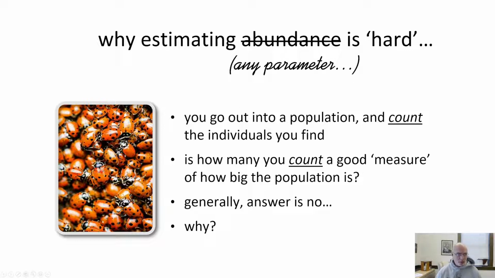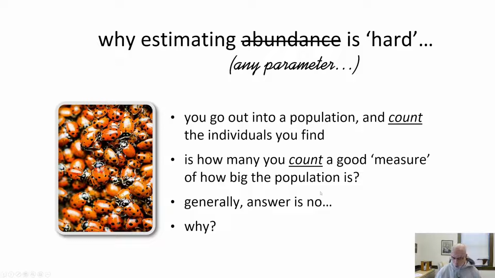All right, so let's say we're trying to enumerate the number of ladybugs. Okay, so you go out and you grab a sample of ladybugs and you count them. So then the question, and the second one is the key, is how many that you count a good measure of how big the population actually is? Right? And the answer is generally no.